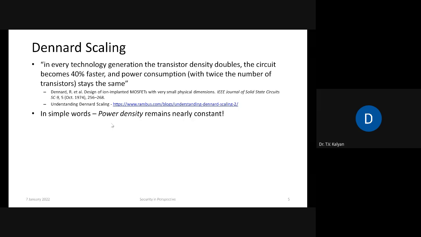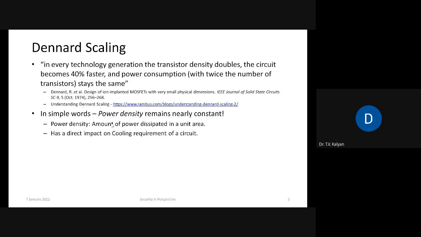And this implies that the power density remains the same. Power density means the amount of power we are dissipating or consuming for a given area. How it impacts system design is that, based on the power density, we design the cooling equipment.